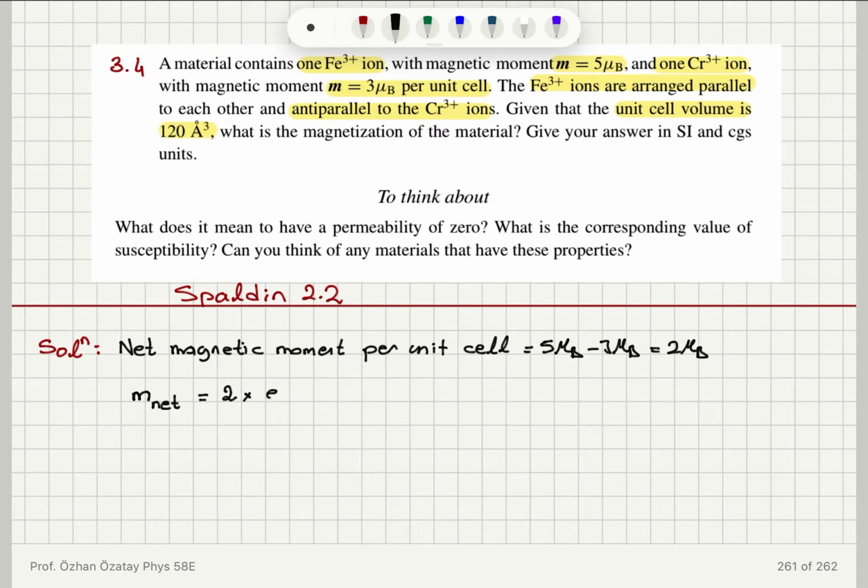The Bohr magneton is eħ divided by 2 times the mass of the electron, the charge times the reduced Planck constant divided by twice the mass of the electron.